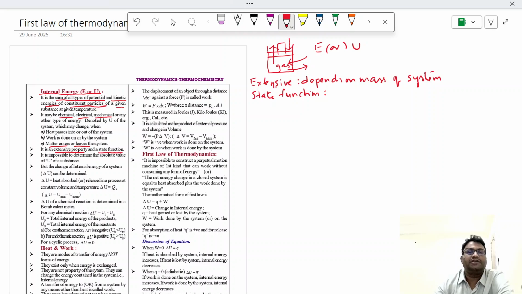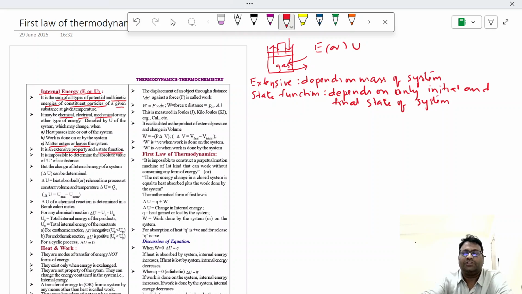A state property is one that depends only on the initial and final state of the system, but does not depend upon the path of the system.